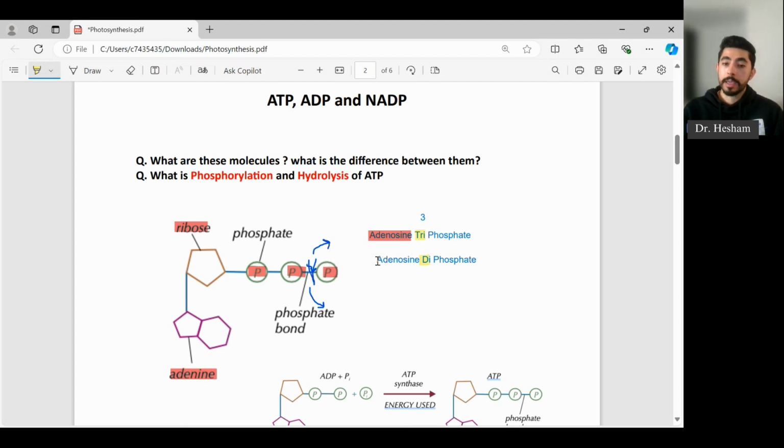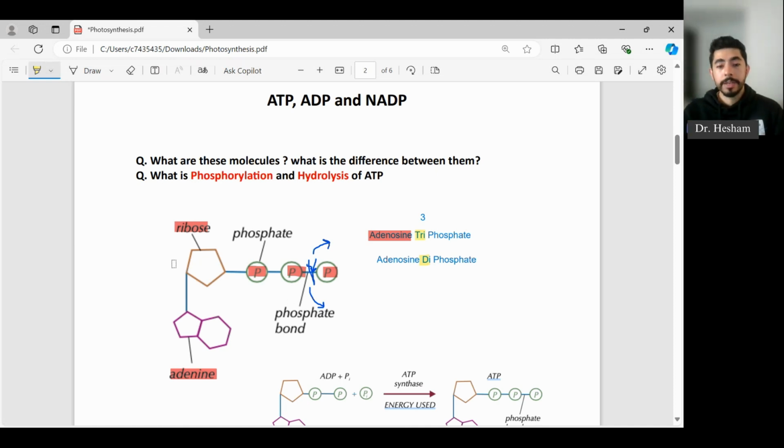So in a place like the chloroplast, I will have a lot of adenosine diphosphate, ADPs. And because I have a lot of energy from photosynthesis, I want to store this energy in a molecule which is going to carry it to the place where I need to use it. So in the chloroplast, a phosphate group is going to be added to my ADP.